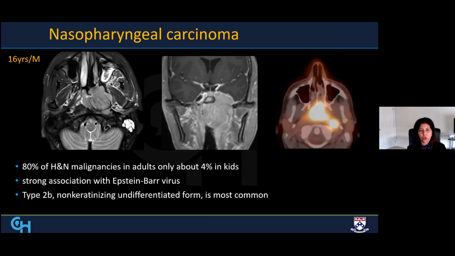And it has a strong association with Epstein-Barr virus. Like it presents in the adult population, you are always told that whenever there is just unilateral mastoiditis, always think if there's something obstructing the eustachian tube. The classic location is the fossa of Rosenmuller, in the nasopharyngeal region, where this carcinoma originates very typically.